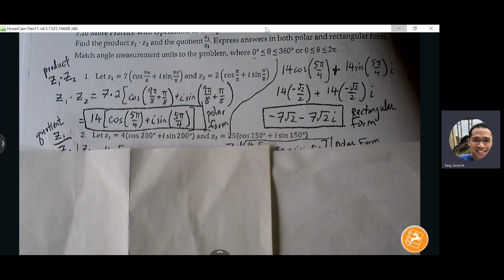Number two, you'll divide the radius, and then you will subtract the theta.